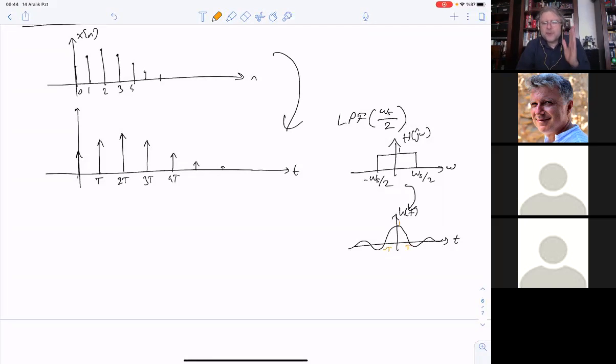For example, if you move it to the first impulse, then the sinc will look like this. And it's a lovely shape.